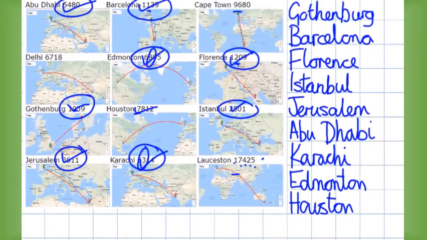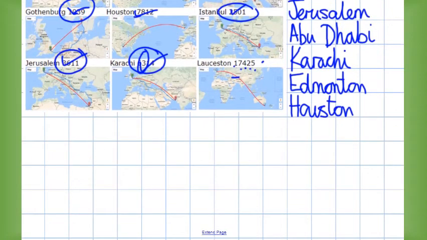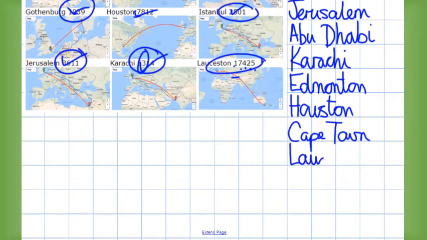Then we're going to Cape Town at 9,680 kilometres. Somewhere Miss Dunn would love to go as well, Cape Town in South Africa. Cape Town in South Africa, and then the final one is Launceston, all the way down on the other side of the world in Australia.